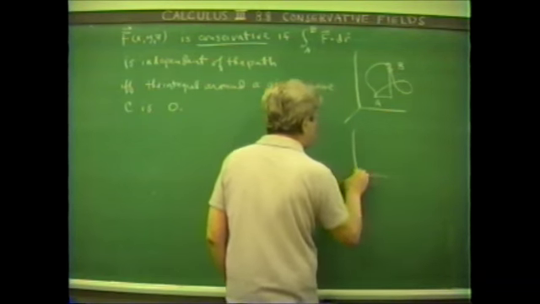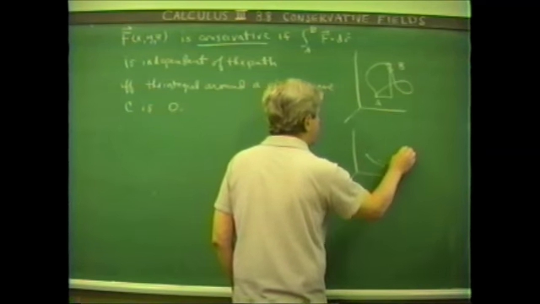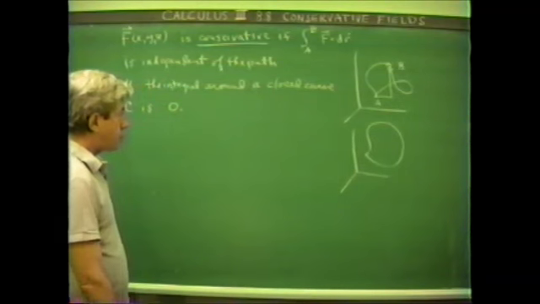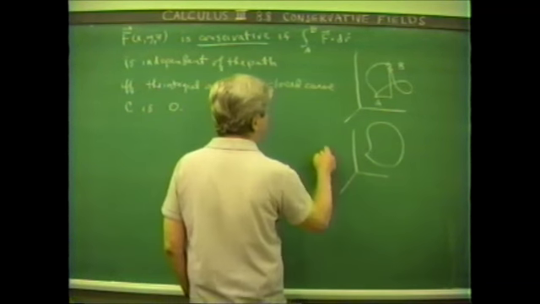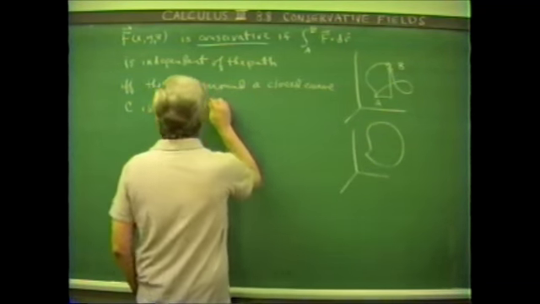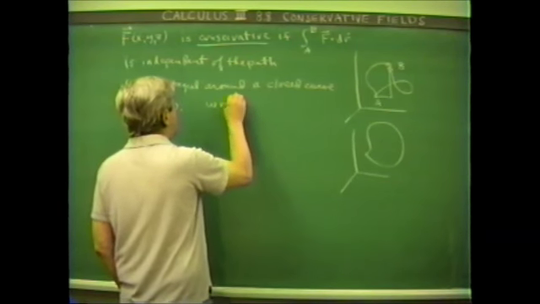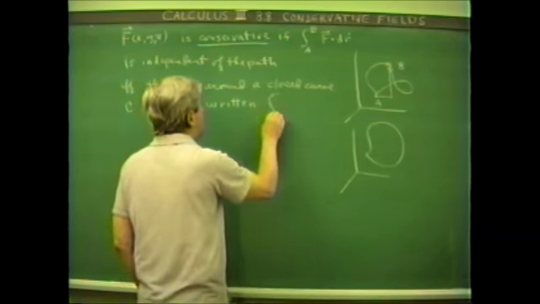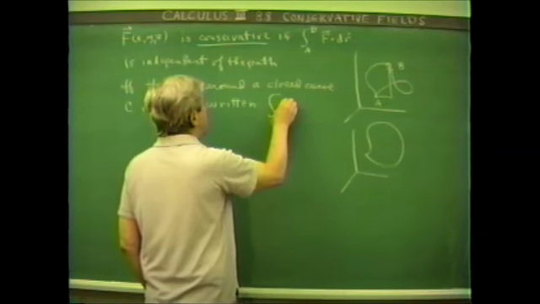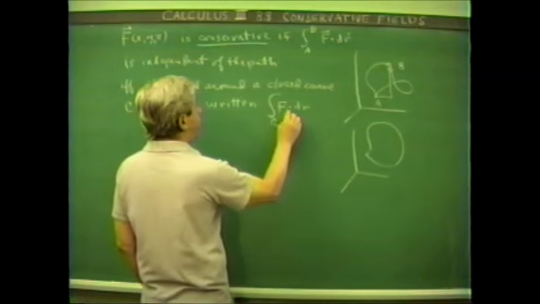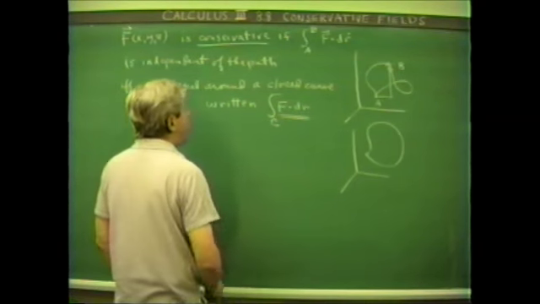Here the idea is this: if we take a curve C and it goes around and ends up where it started out, then the integral of F around C is going to be written as the integral over C of F dot dr, or whatever other thing is being integrated here.